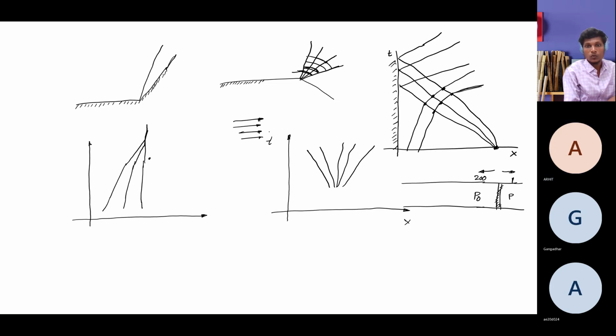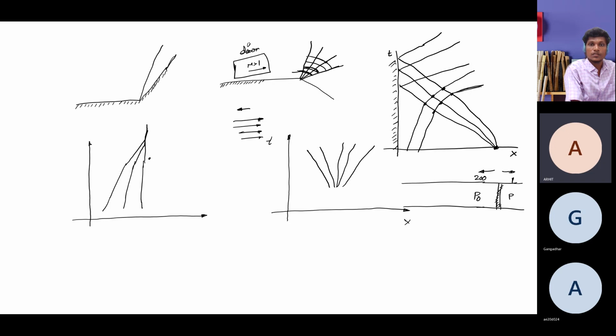If flow is moving in this direction and sound is also traveling in the forward direction, and if your flow is supersonic, disturbances cannot propagate in the backward direction. So it cannot sense what is happening. Whatever the flow coming here, if it is greater than Mach number one, whatever is happening here, the backside flow cannot experience that.